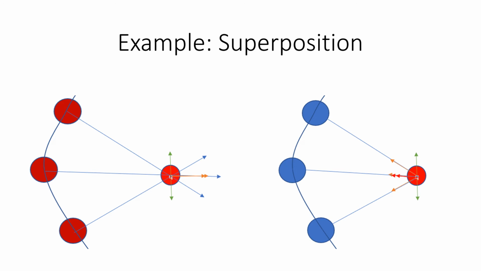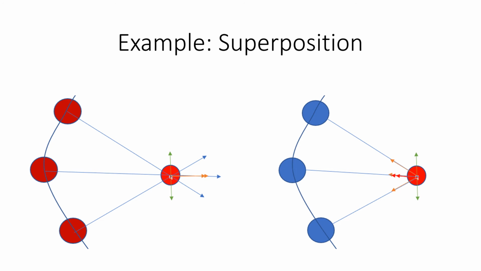In the example on the left, we have a test charge denoted by small q, and we have an assembly of three other positive charges denoted by red color. We have to deal with each charge pair separately.